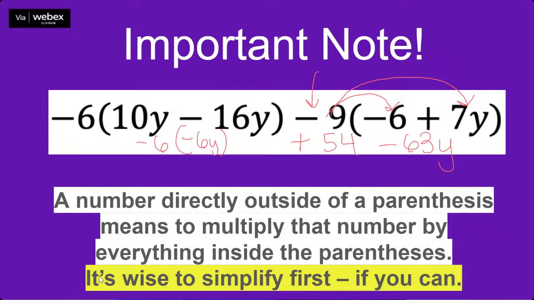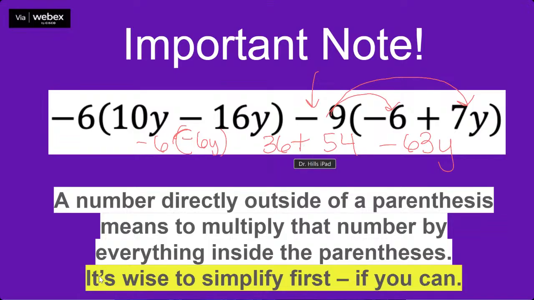Now we can simplify. We need to multiply this right here. Negative 6 times negative 6y, which I think Nelly put earlier. That's going to be a positive 36y. Okay, I've done enough. Now it's your turn. I think I put that too close.